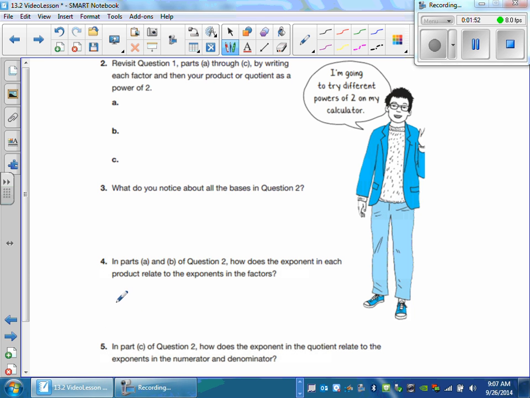If you have 7 to the second power times 7 to the third power, your answer is 7 to the 5th power. So again, when you're multiplying the bases, you add the exponents. I just took 7 as my base, I added my 2 exponents, 2 plus 3, and got 5.